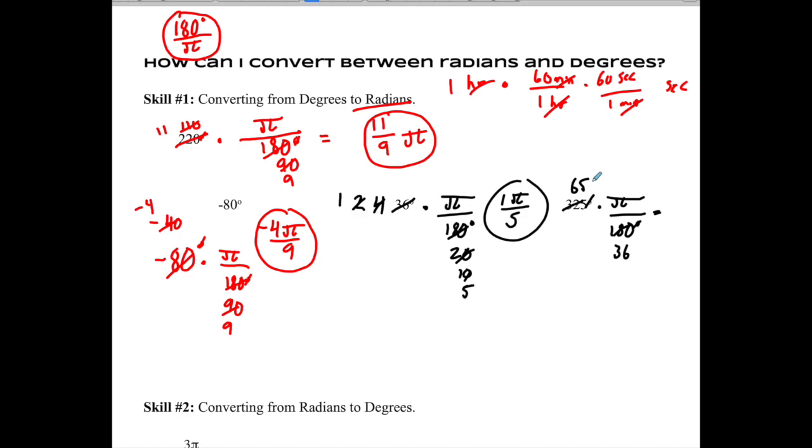Do I have a 2 in them? Do I have a 3 in them? 6. Yeah, we might honestly be done. So we have 65 pi over 36.